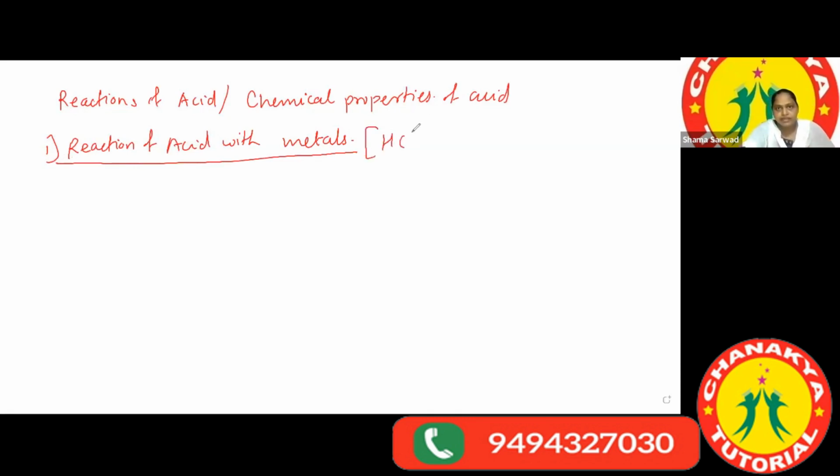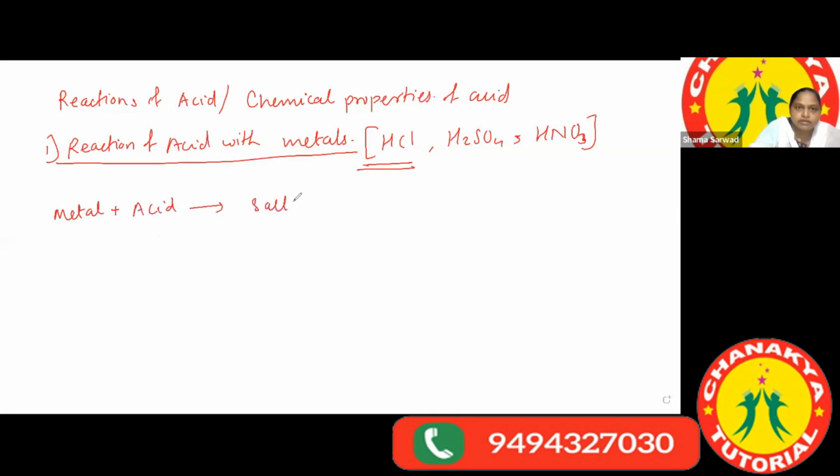That is HCl, H2SO4, and HNO3. These are the mineral acids. Only these three acids you have to think about. So first of all, we are going to see the HCl general reaction. What happens when it reacts with metal? In the general reaction, when metal reacts with any acid, it will form salt and hydrogen gas.